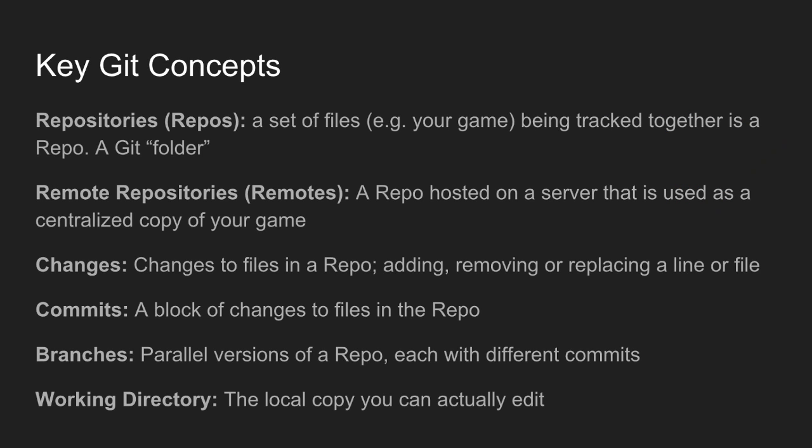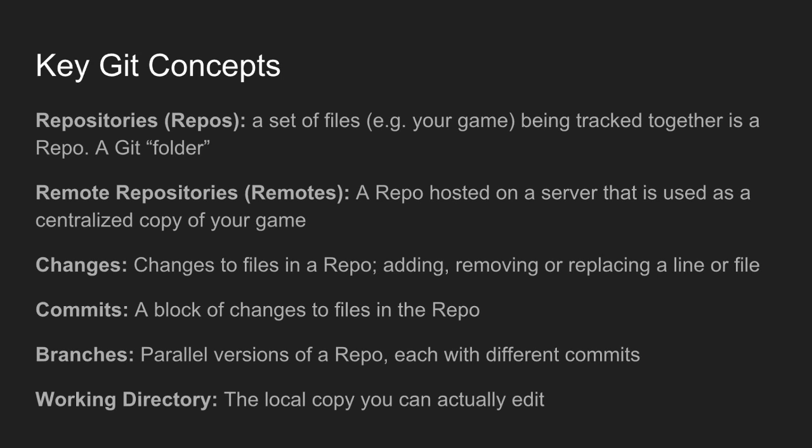Okay. So what are some of the key concepts we're going to be dealing with when we're talking about Git, right? What are the players? What are the chess pieces? The first thing that we're going to talk about a lot is the idea of a repository, or a repo in the lingo. All a repo is, is a set of files that we're keeping track of together.